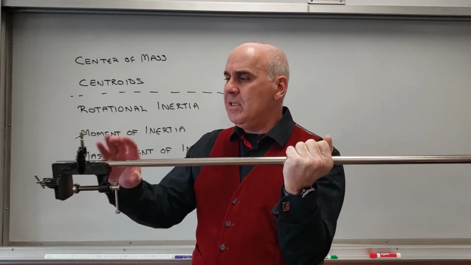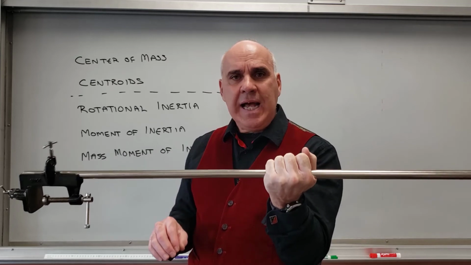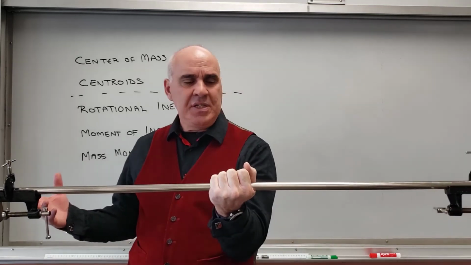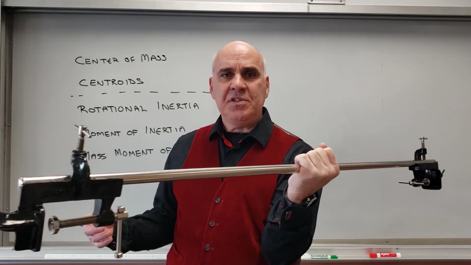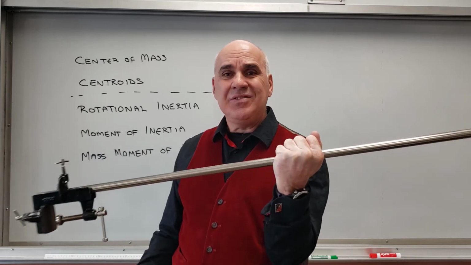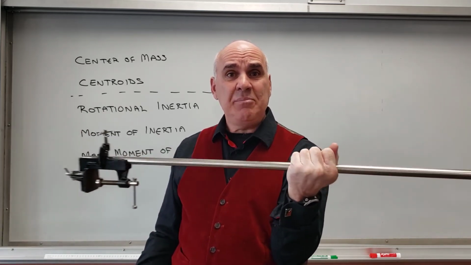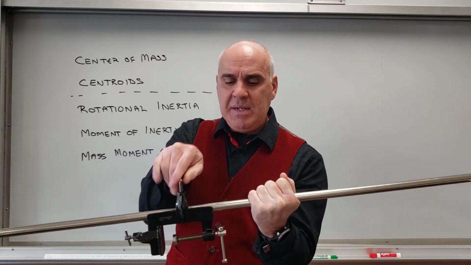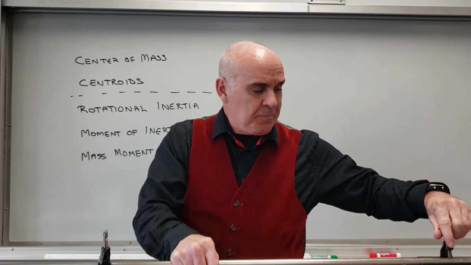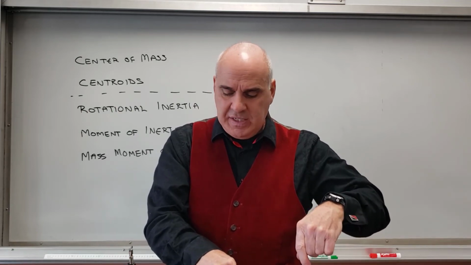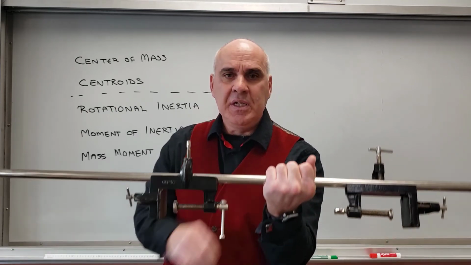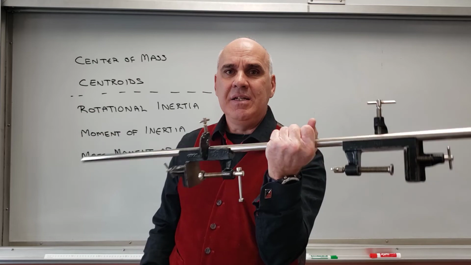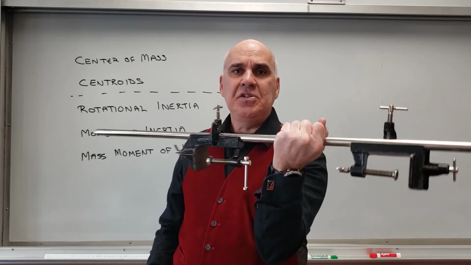If I do that with these clamps to the outside, and I love to do this as a demonstration in class, when I do this with the clamps to the outside, it's very difficult to stop it and make it reverse direction. But if I take these clamps and I move them towards the middle, and I'll keep them centered just for the sake of simplicity, or evenly distributed, and now I begin to rotate it, it's a much easier thing to do.